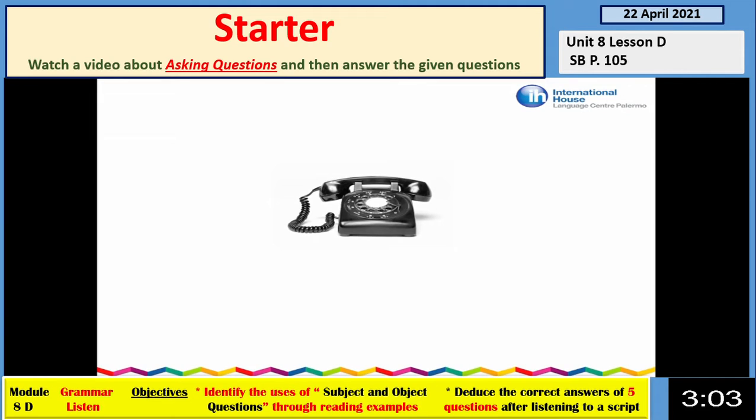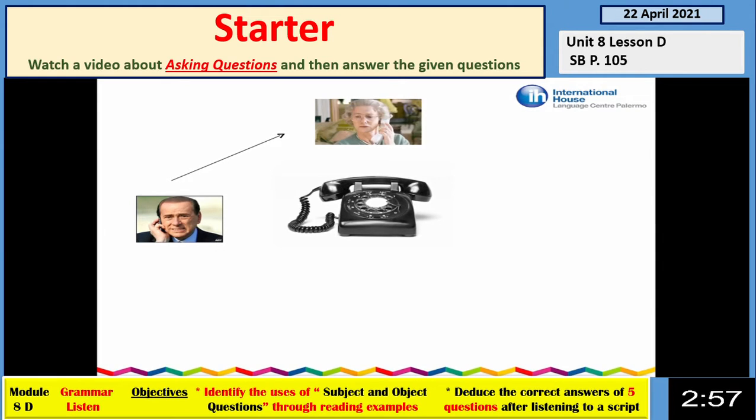Here we have a telephone and Berlusconi phoning the Queen. So we had the first question, which was, who phoned the Queen? Thinking about Berlusconi as the subject. And the object question, who did Berlusconi phone? With the Queen as the object.